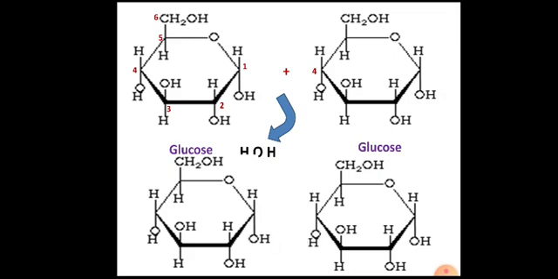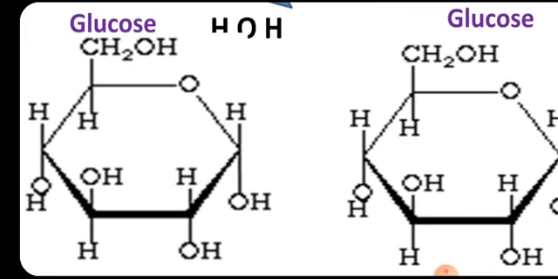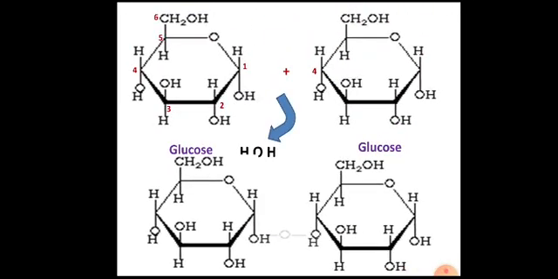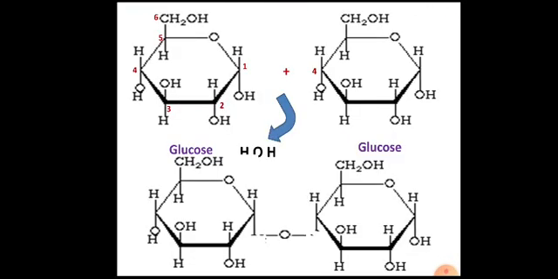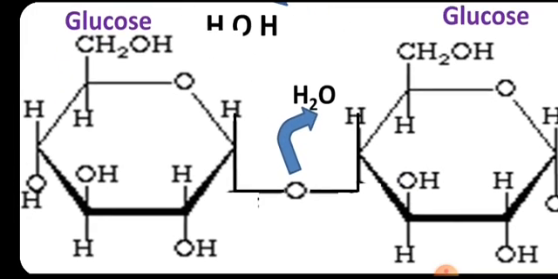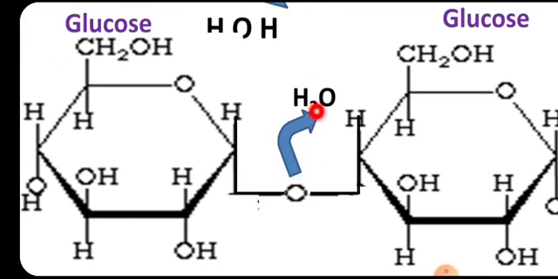So these two, OH and OH, H2O will be released to form this glycosidic linkage like this. This is how you can see the formation of glycosidic linkage, where there is removal of one molecule of water.